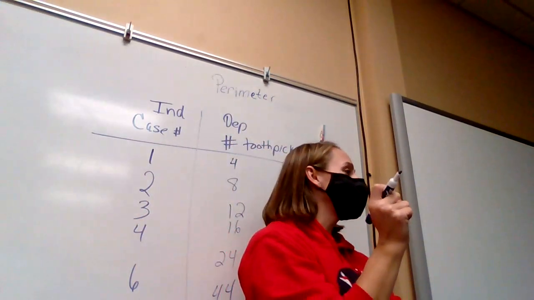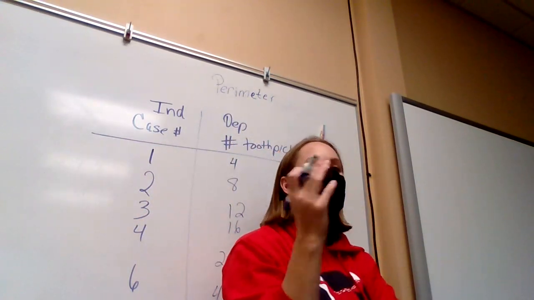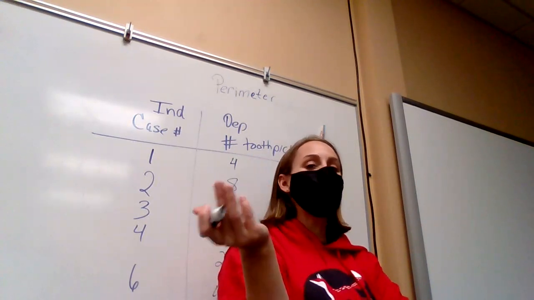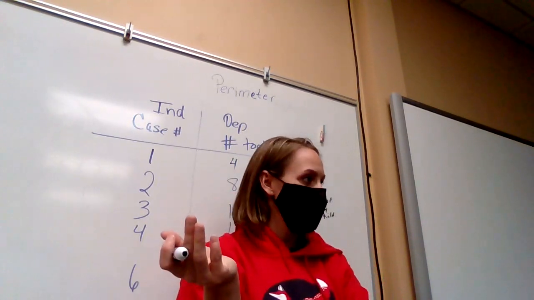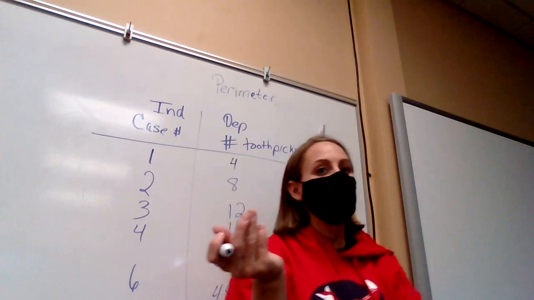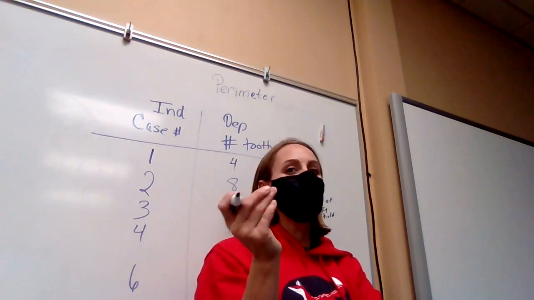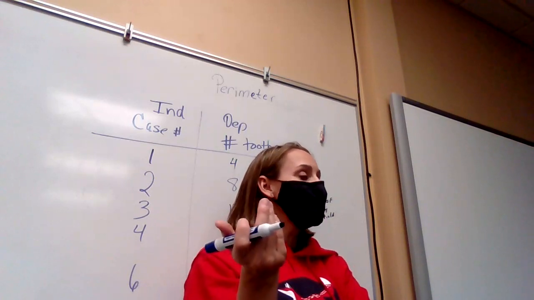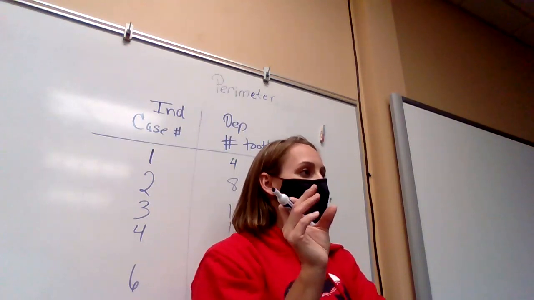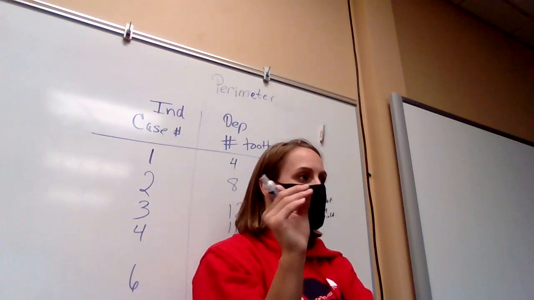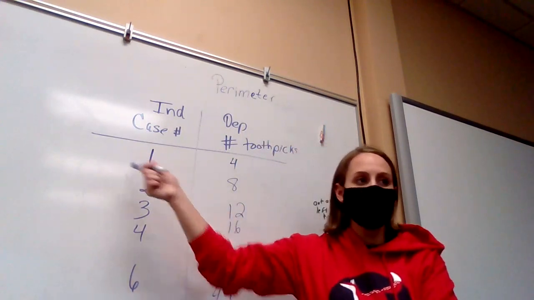So if I told you that case number 100, how many toothpicks would that be? It would be 400 because you could use the formula, the figure number times 4. Each one of these is times 4?